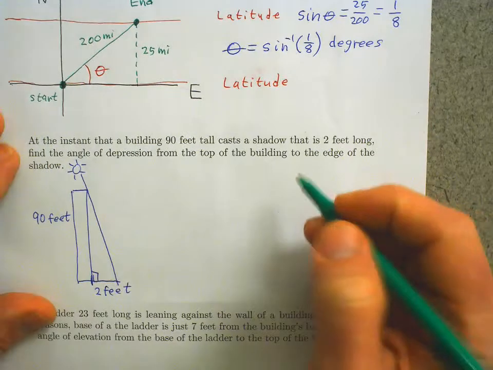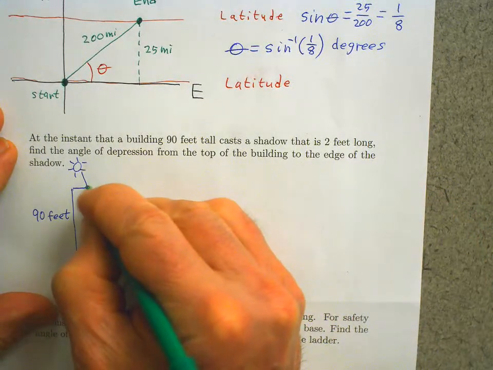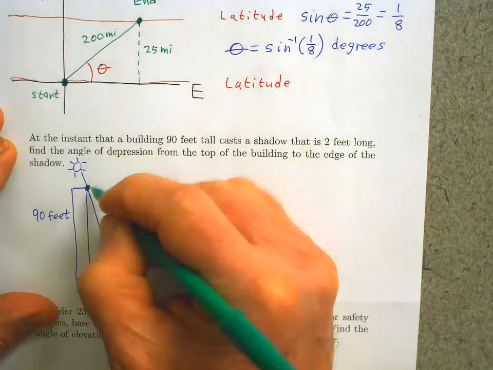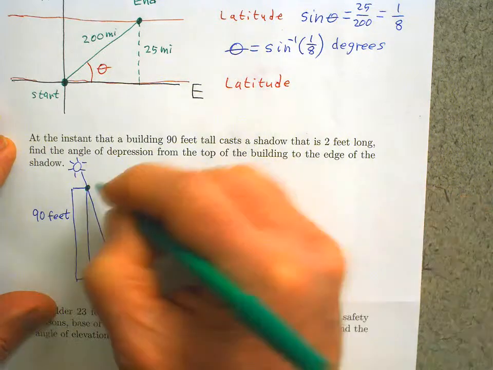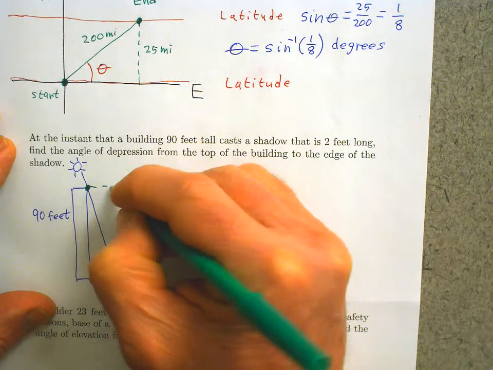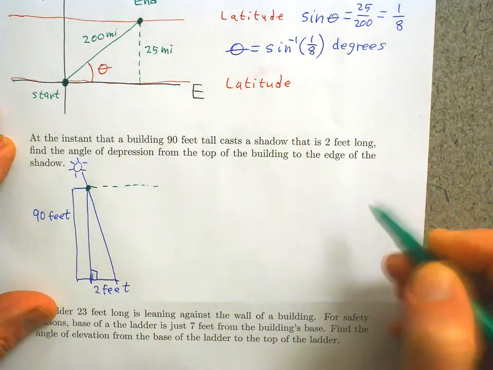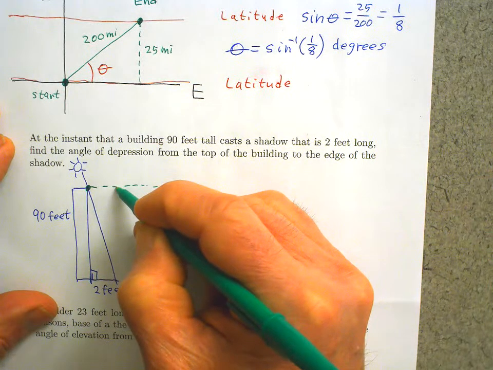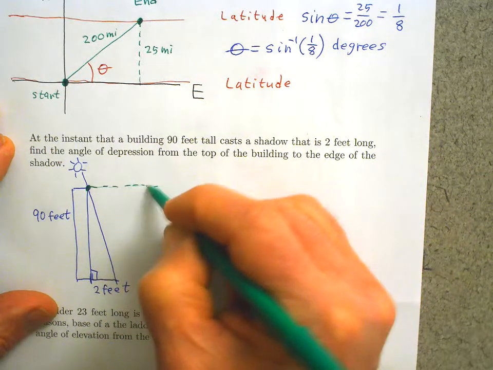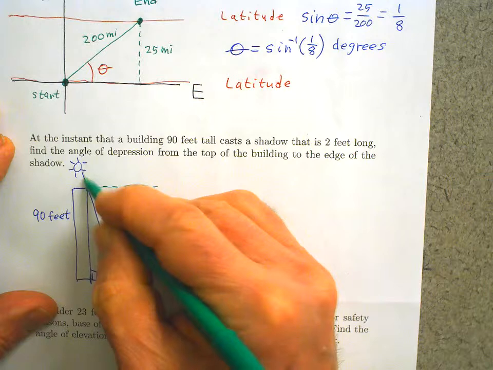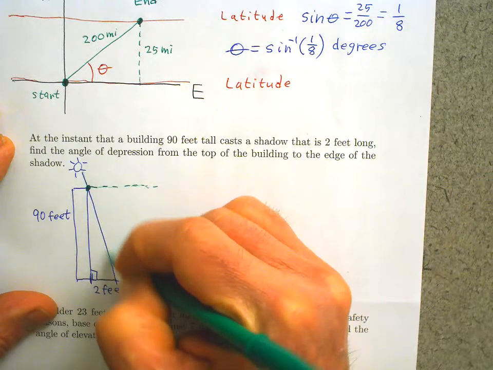So from the top of the building, from this point, remember, look horizontally. The angle of depression is the angle formed by the horizontal and the ray of the sun there.